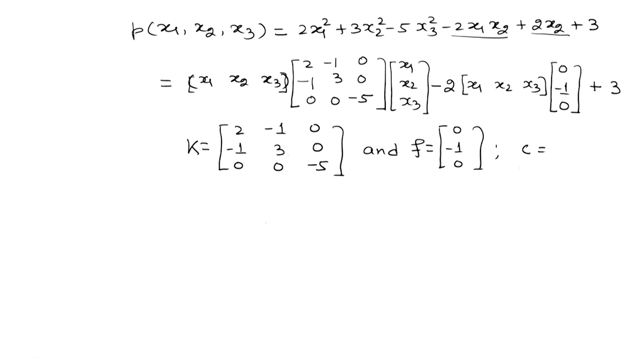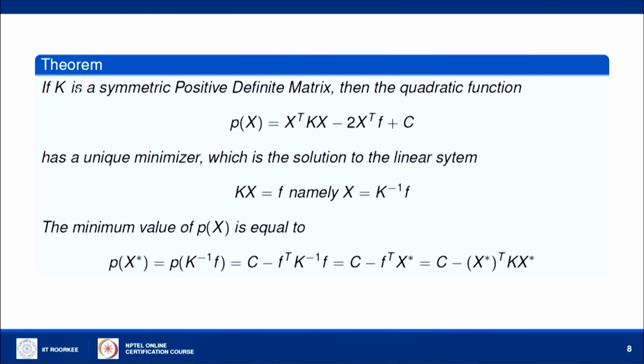The scalar c is 3. So, this form P(x) can be written as x transpose K x minus 2 times x transpose f plus c. So, in this way we can write any quadratic function of n variables into a compact form by using this concept. Now, this is the theorem which tells us about the minimization of a general quadratic form.